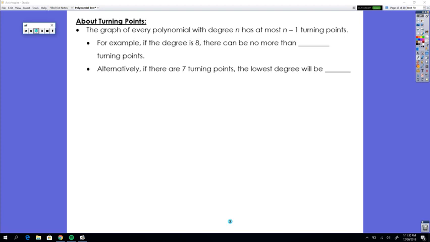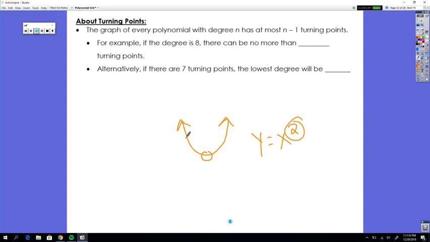About turning points. The graph of every polynomial with a degree of n has at most n minus 1 turning points. Let's think about our quadratic function, just because we just finished our quadratic unit and we know a lot about our quadratic function. We know our quadratic function has a degree of 2, right? Our quadratic function also only has one turning point.